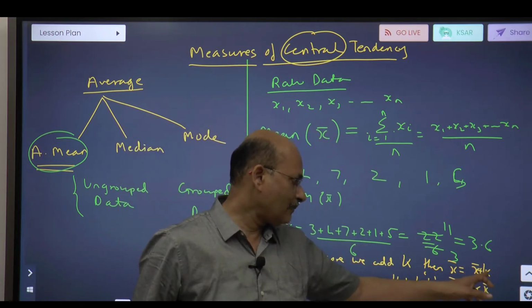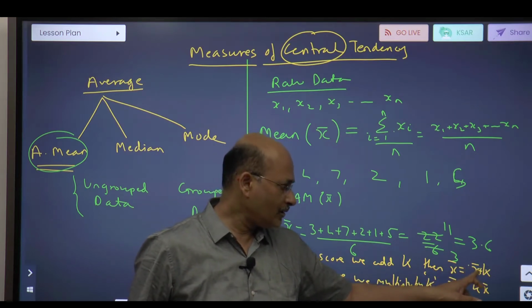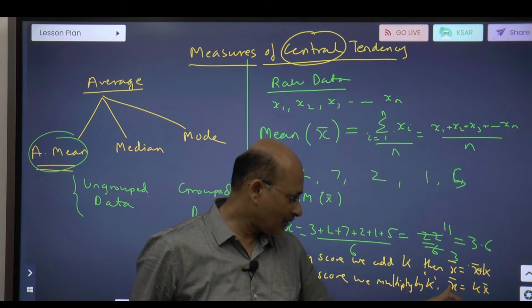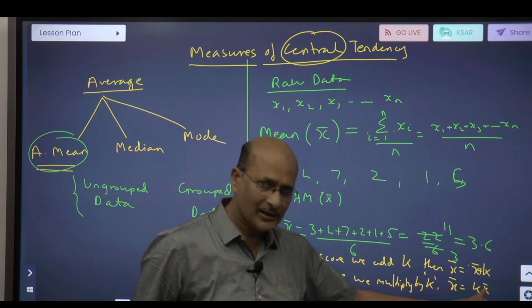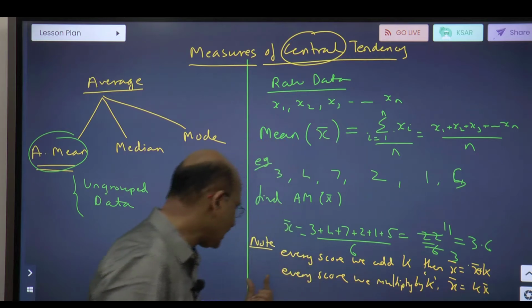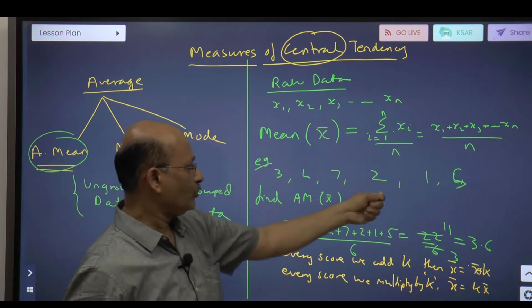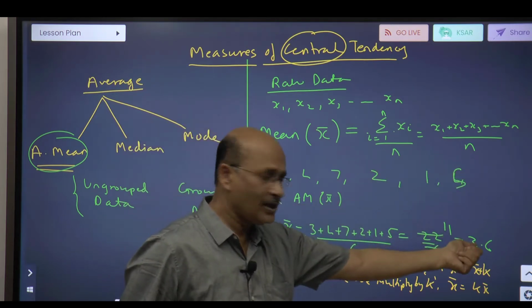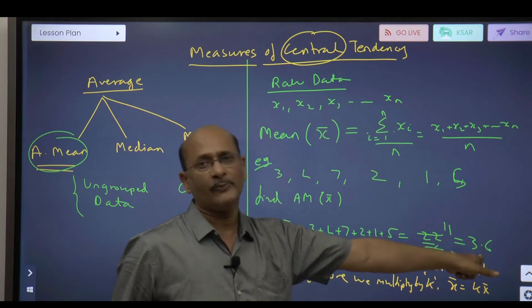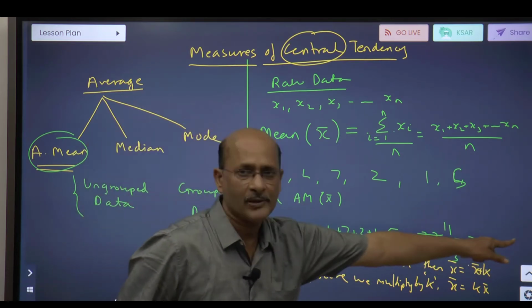So x bar plus k is the new x bar, where this is the old value of the mean and this is the new arithmetic mean. When I multiply every score by 2, 3 into 2, 4 into 2, 7 into 2, 2 into 2, 1 into 2, 5 into 2, what is the effect on the arithmetic mean? It will be 2 into 3.6, and if you add 2, it will be 3.6 plus 2.